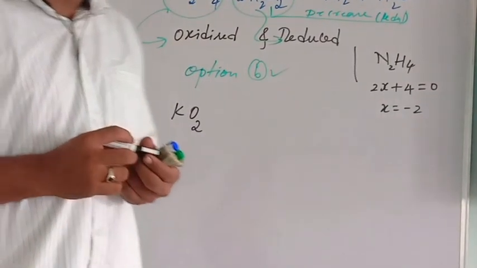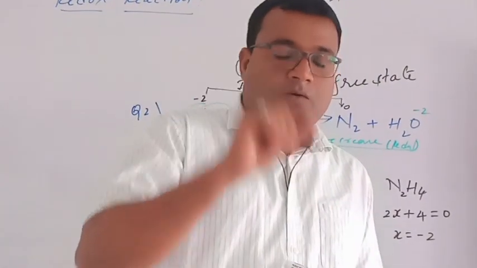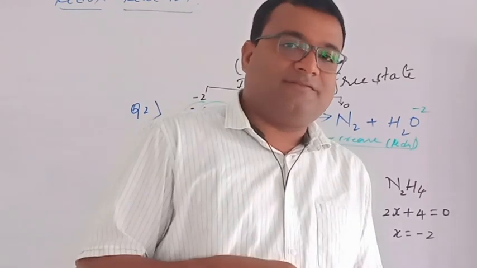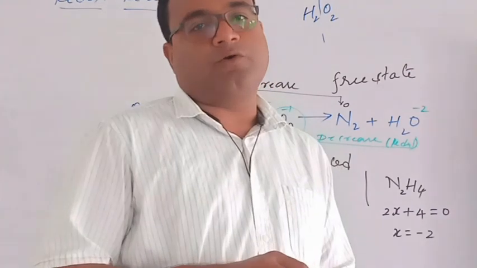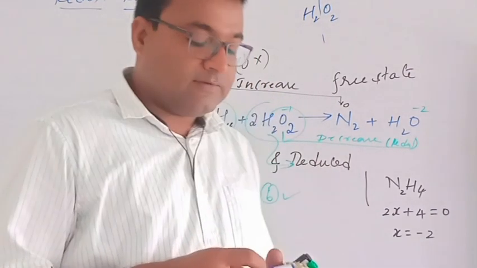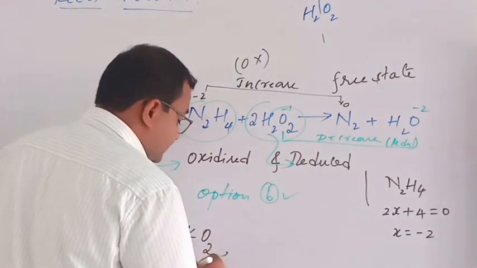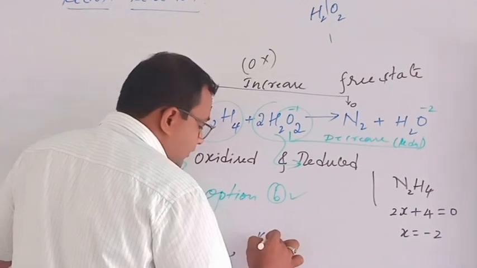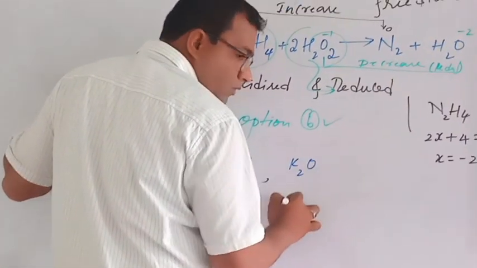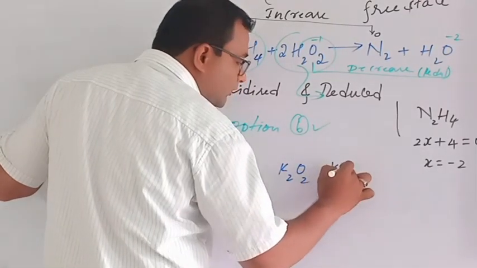KO2. Now you need to understand a little more about the oxides. Generally, there are 3 types of oxides. For example, the same thing, KO2, K2O, or K2O2.